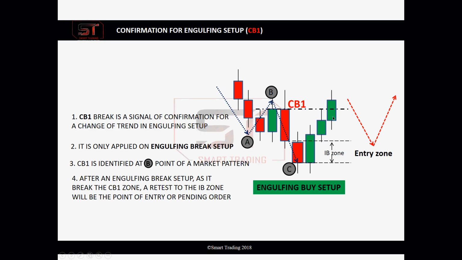As soon as the candle managed to break through this point, then this is a confirmation that the market's going up. So when it does retrace back down, the market's giving you a chance to go for buy. Okay.